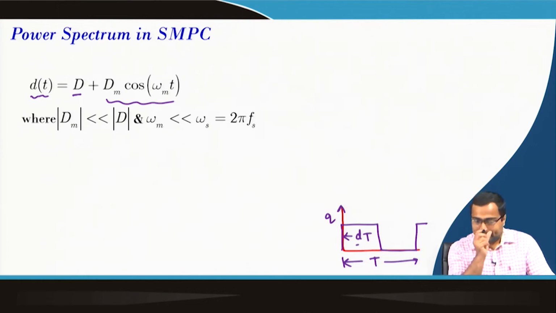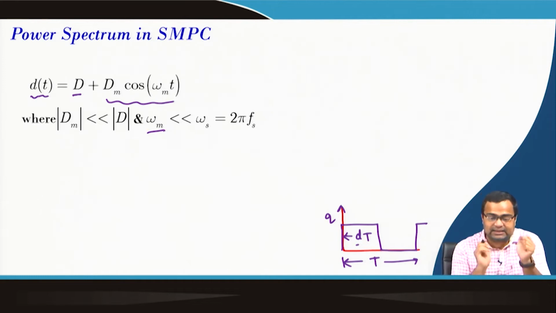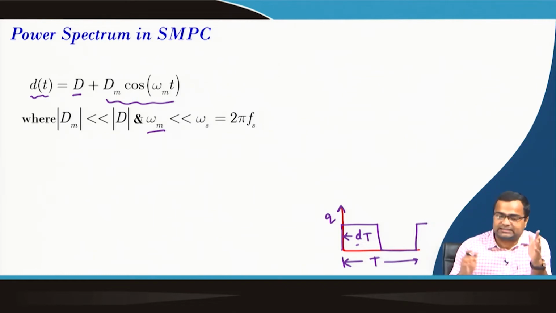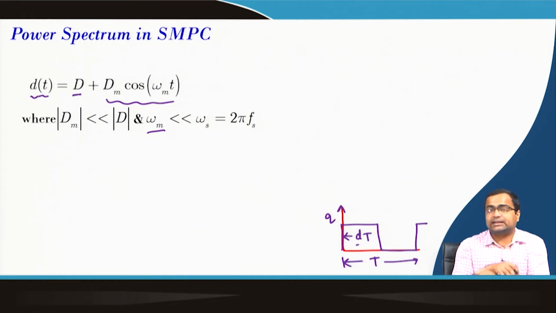And omega m, the modulating frequency, we sweep slowly from zero frequency upward, but it is much smaller than the switching frequency.